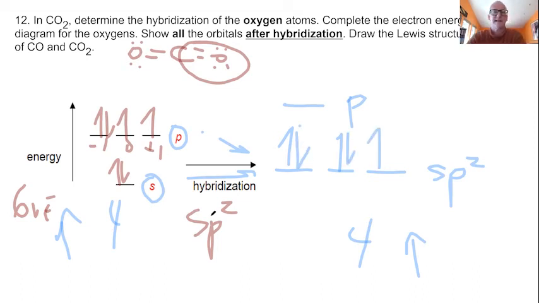But where do I put the 6th one? Think about where the 6th one goes. Does it go in the sp2 or does it go in the p?